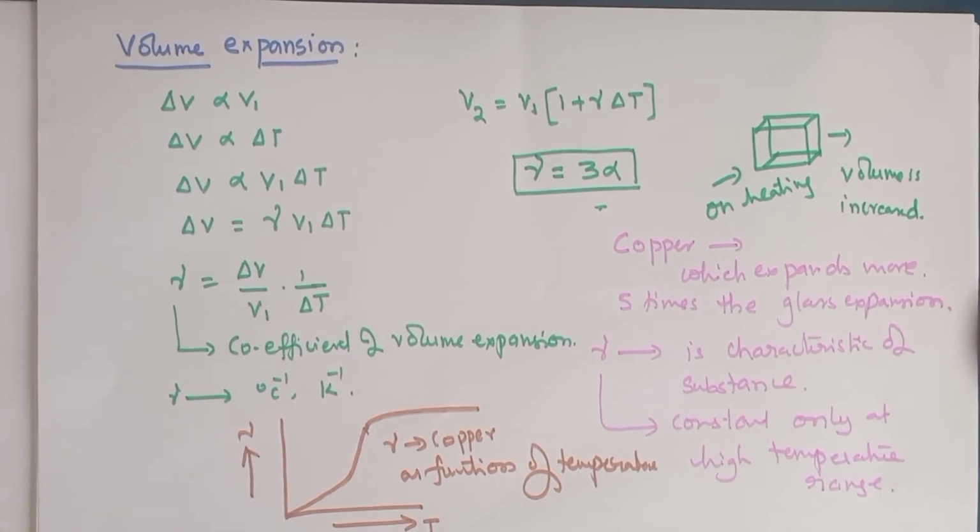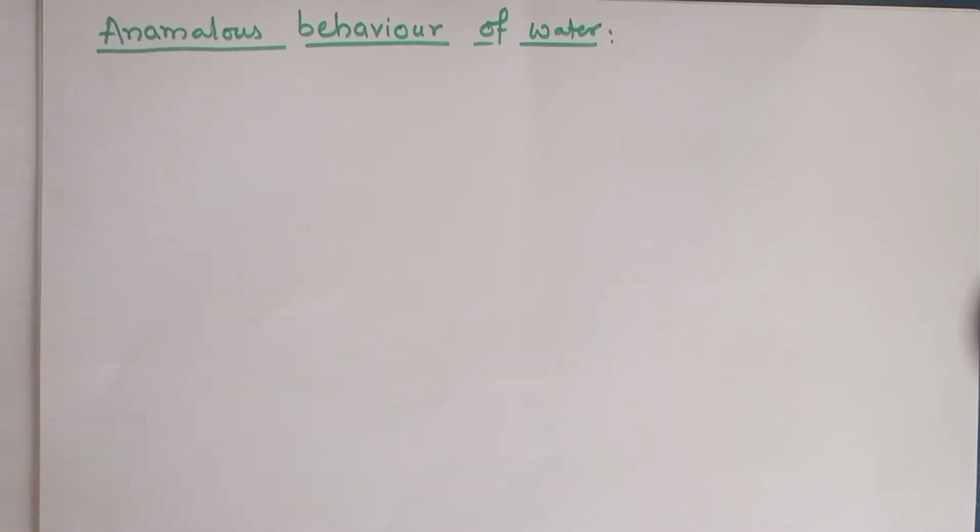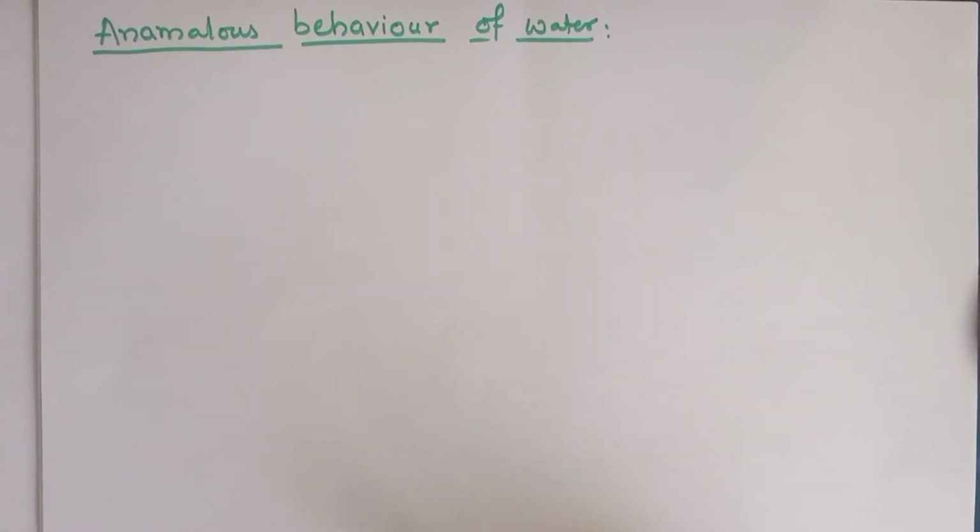Let's see the typical behavior of water and how it behaves. Generally, it behaves differently compared to other liquids. On increasing the temperature, the volume also increases, but in a certain temperature range, water behaves in the reverse manner. That is called the anomalous behavior of water.